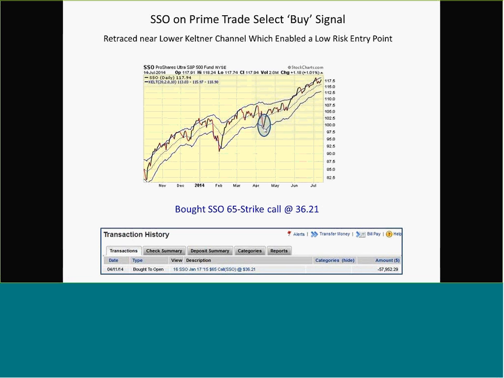And we can see that this SSO has been on a strong uptrend. The question is, when do you want to jump in on this trade and get a low risk entry? So it retraced towards the lower Keltner channel, and I went ahead and bought the 65 strike call right here. And then you can see there was very little retracement from my purchase price.